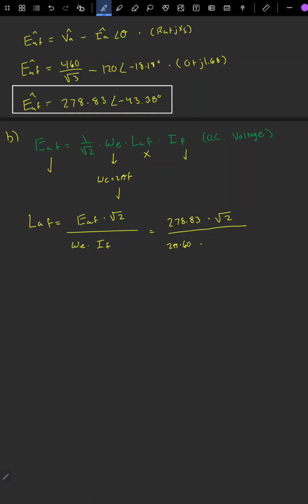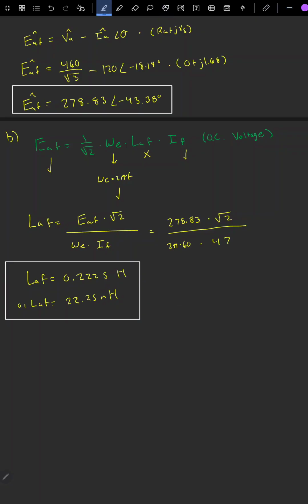And then IF from above is 47. So your LAF is going to be 0.2225 henries, or LAF is going to equal 22.25 millihenries.